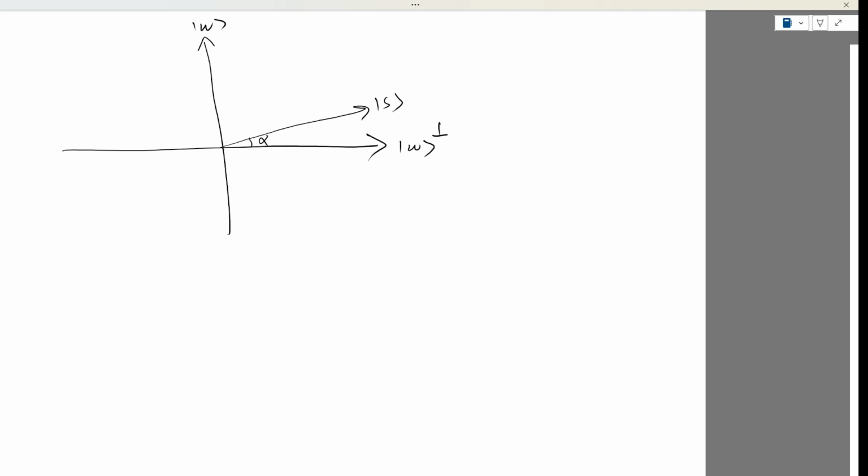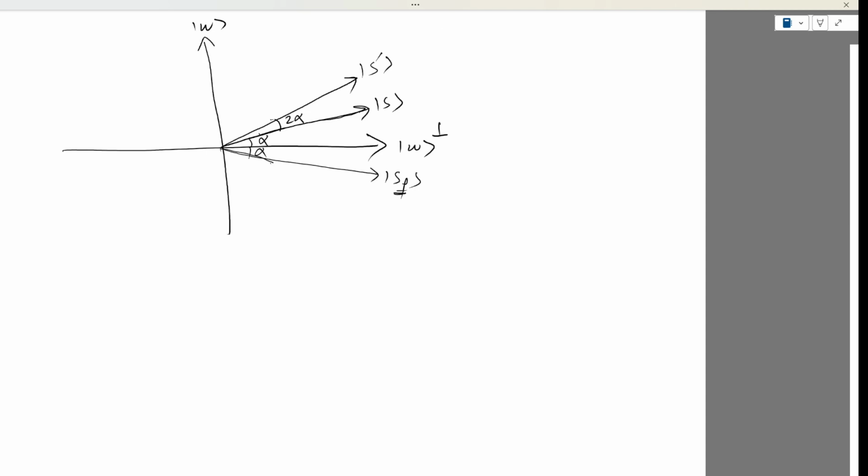After the first application of UF, it becomes SF, making angle alpha here. And after the first application of the V operator, the state became S prime, making an additional angle 2 alpha with the S state, because this SF got reflected around S. So SF is making angle alpha, and after reflection it's making angle 2 alpha on the other side.